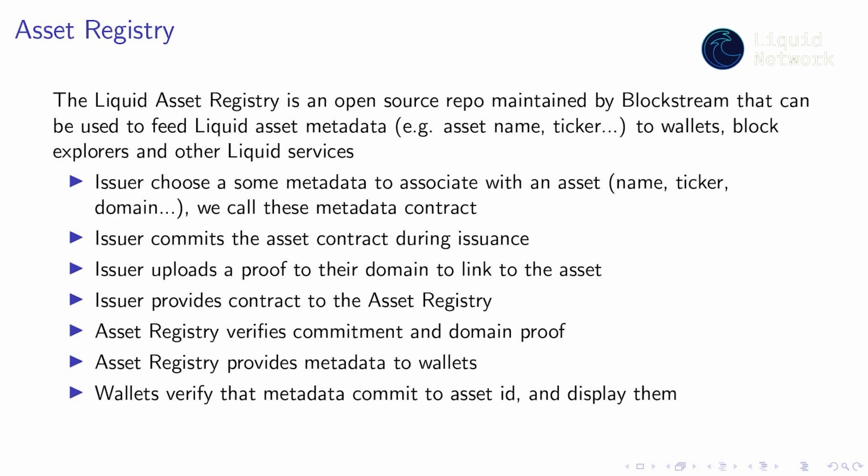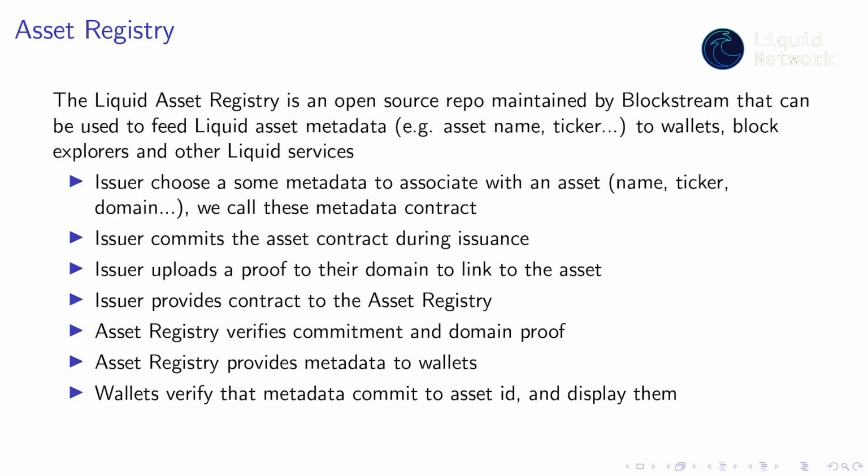Maybe you're going to show this later, but I just had a question. How does it commit to this contract? This contract is a JSON object, and how does the issuance transaction commit? The precise answer is in the code. Basically, you have this contract, you serialize it following a proper standard that is defined. We have different examples.